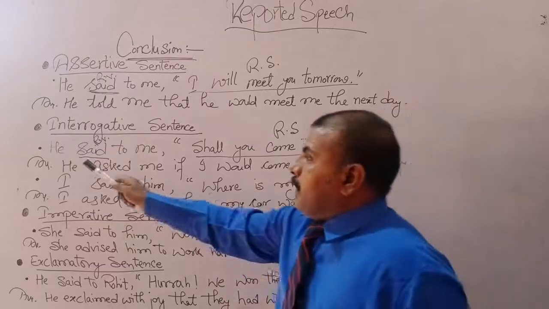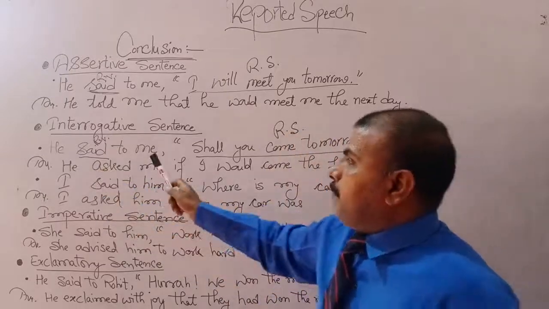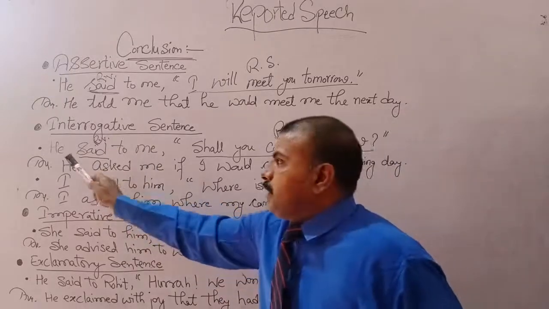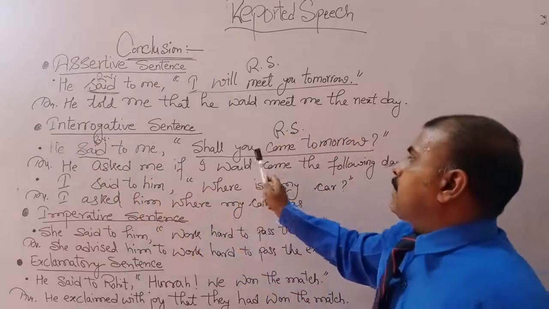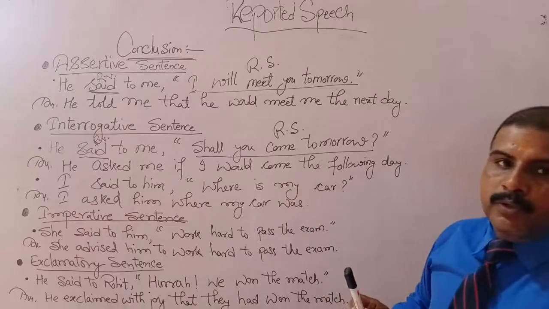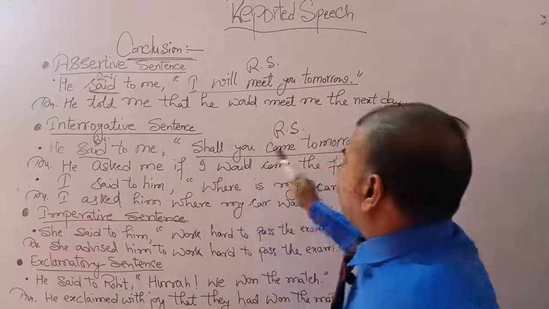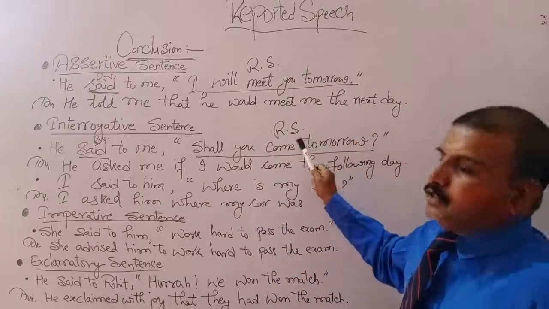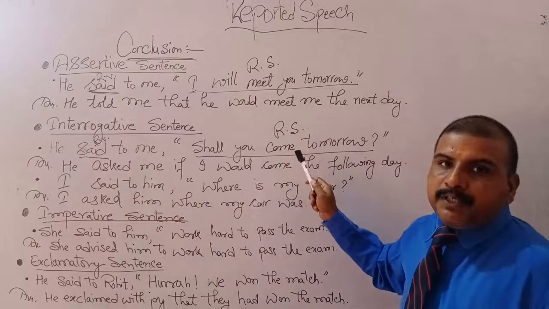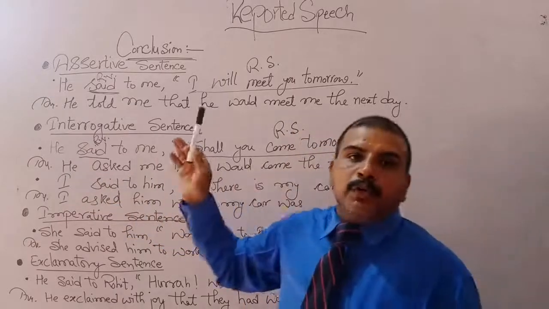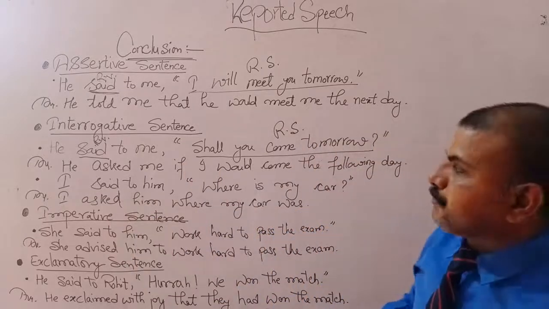So come here. Here he is the speaker and me is the listener. He is asking something to me, and what he asks is, shall you come tomorrow? So here in this interrogative sentence, something is asked by the speaker he. So this is your interrogative sentence, and we have to follow the rule for interrogative sentences.